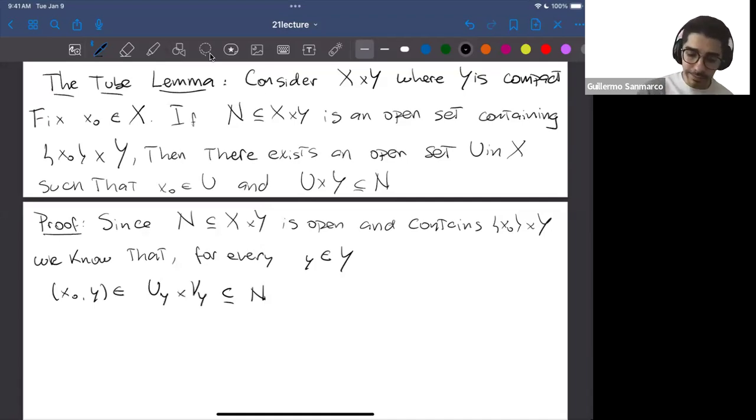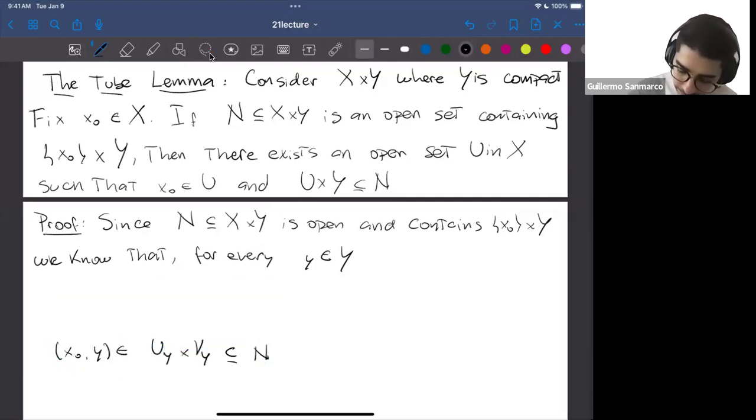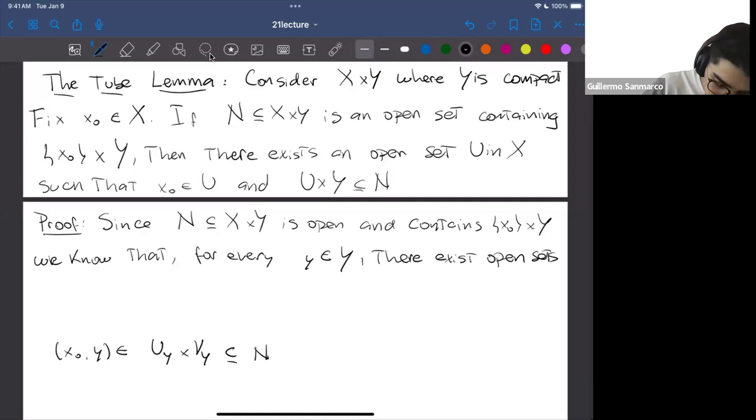So for each y in Y, there are going to exist open sets U_y inside of X and B_y inside of Y. Notice I'm using y for U and for B because they depend on y, since x naught is fixed.